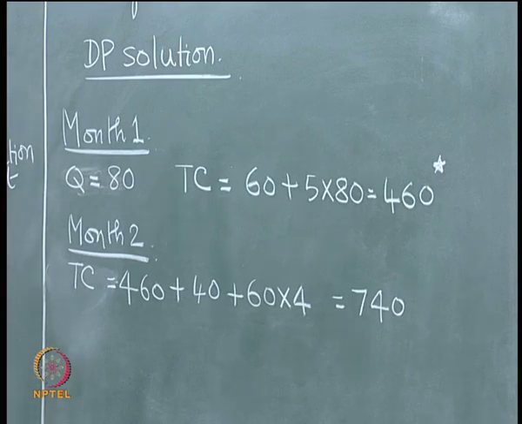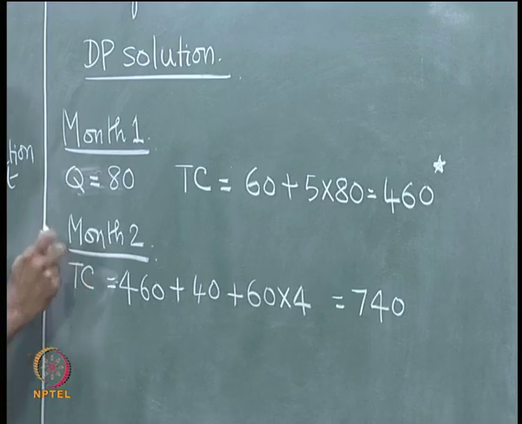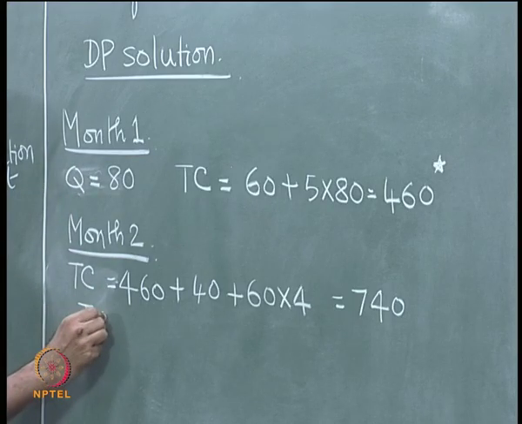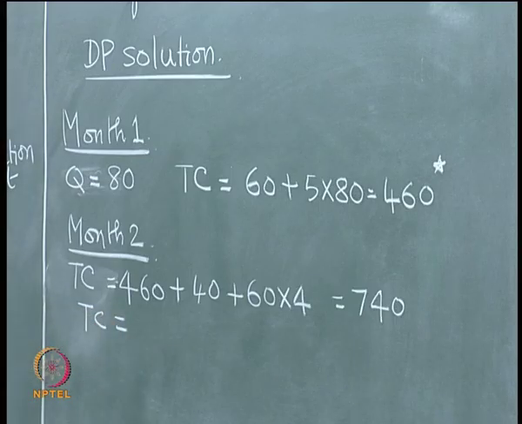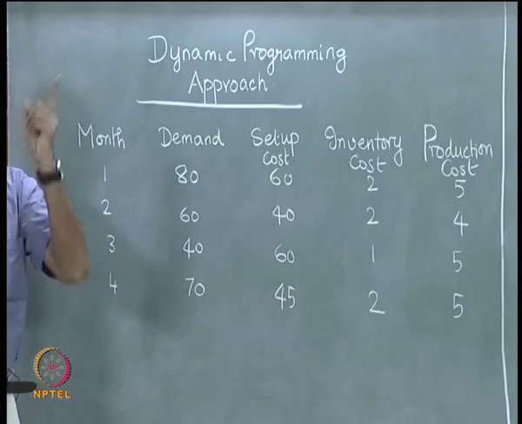The other way to meet month 1 and 2 demand is to produce everything in the beginning of the first month. So, all the 140 units are produced in the first month.